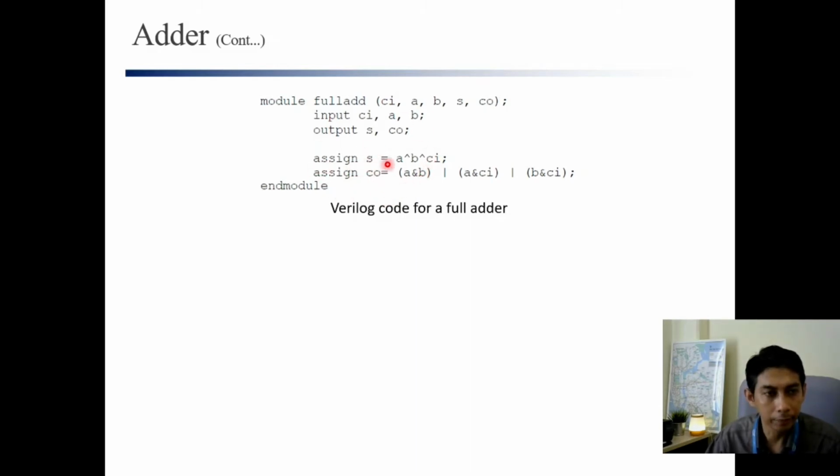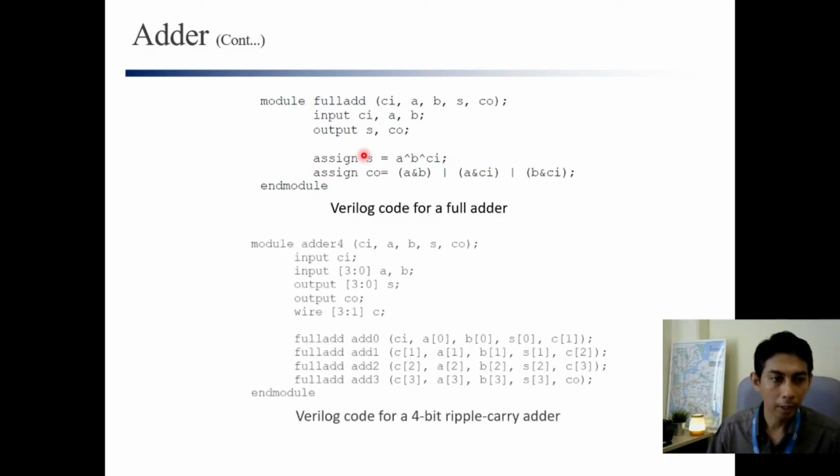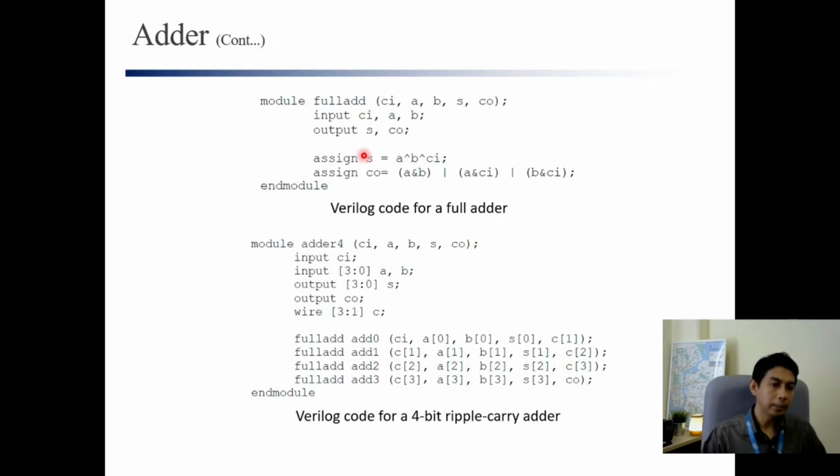So you have your S, the equation is A XOR B XOR Ci, and C out here is A and B, or A and Ci, or B and Ci. Very easy. So you can get the circuit from the equation, and this is by using the data flow modeling. And how do we create a 4-bit adder?